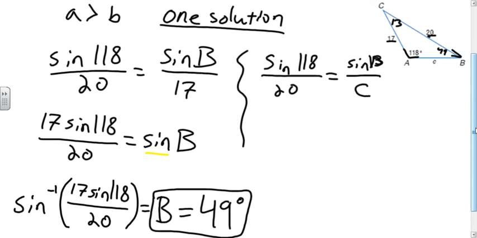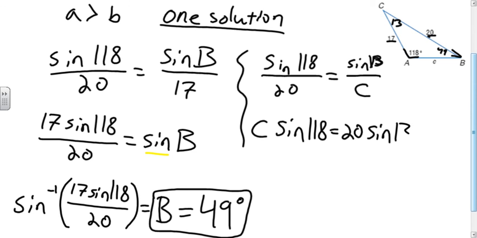over c. Now again, we just multiply these things out. We can cross multiply and divide actually. C times sine 118 equals 20 times sine 13. Now divide by sine 118.